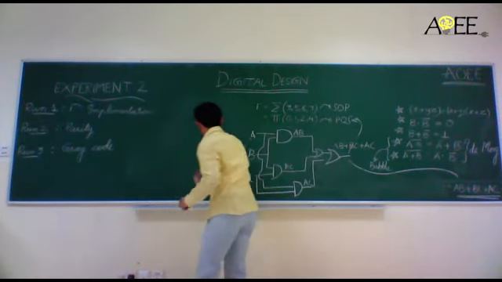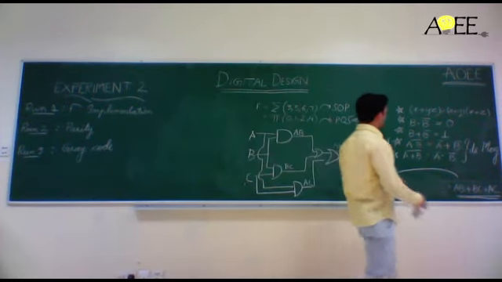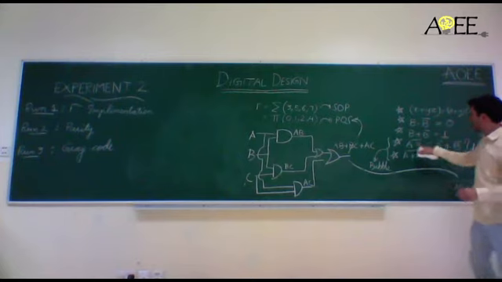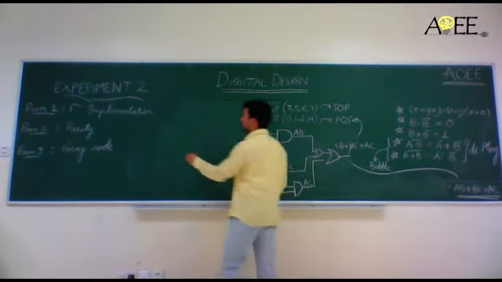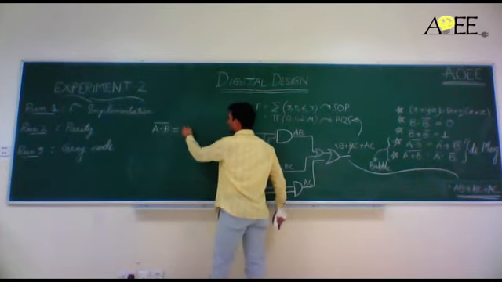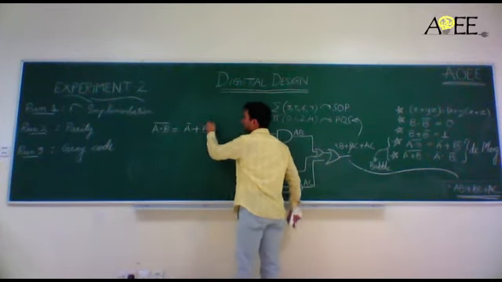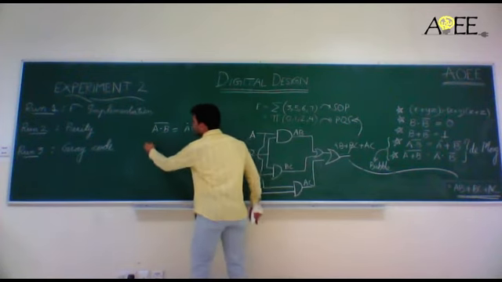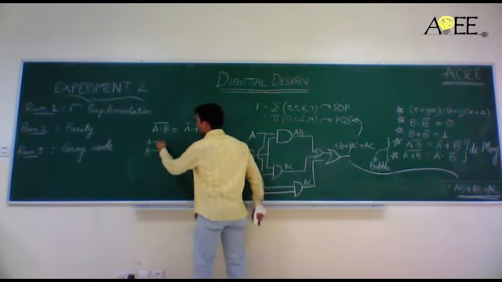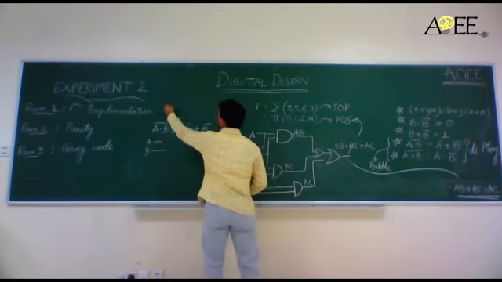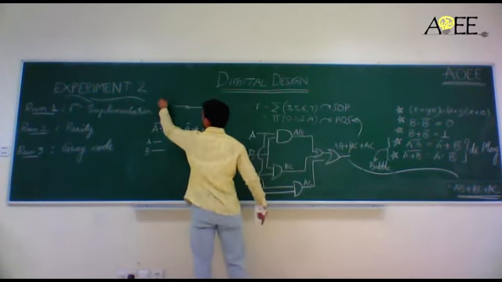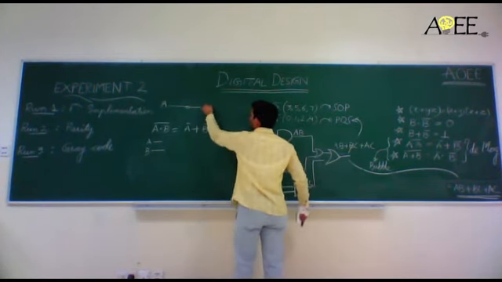Let's see. A few things to note over here: I will make these in the form of a circuit. De Morgan's law can be written as (A dot B) bar is A bar plus B bar, right? So if I want to implement it, then A input, B input, and the bar can be just a denotation. This will stand for A bar. So if the input is A, the output will be A bar.